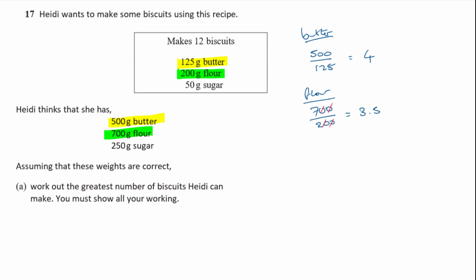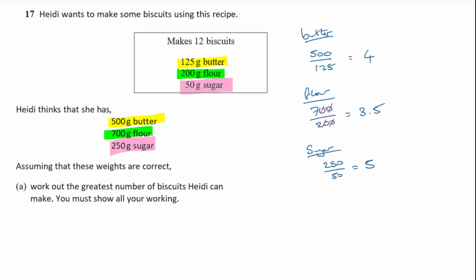So that's 3.5. So it goes in 3.5 times. And then sugar is going to be 250 grams divided by 50 grams, isn't it? So that's 250 divided by 50, which goes in 5 times. So she could make the recipe 5 times over with the amount of sugar that she's got.